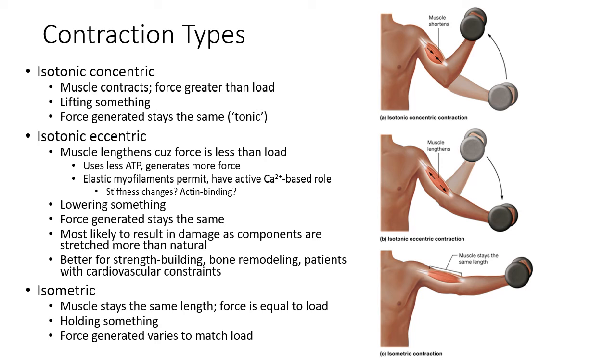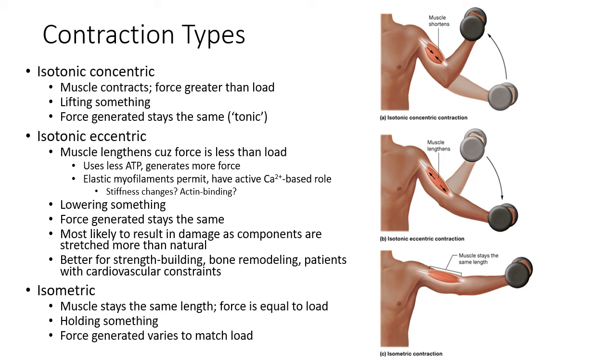So the isotonic eccentric contractions can let them do some exercise without stressing their systems too much. On the other hand, it is more likely for you to damage your muscle in the isotonic eccentric contraction because it involves this weird thing where your muscle is trying to shorten but it's actually stretching instead. So that just places a lot more stress on the myofibrils. So you have to be careful when you're doing them, not to overtax yourself.